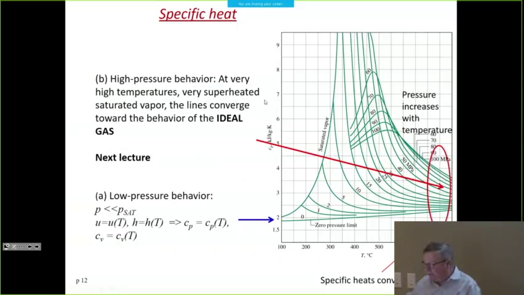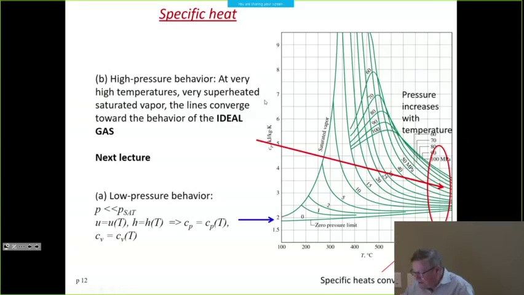So, in fact, I can plot here the specific heat for various substances as a function of temperature, and these lines are for various pressures. And this really holds for most substances. Just the temperatures and the pressures at which it happens depend on the substance.